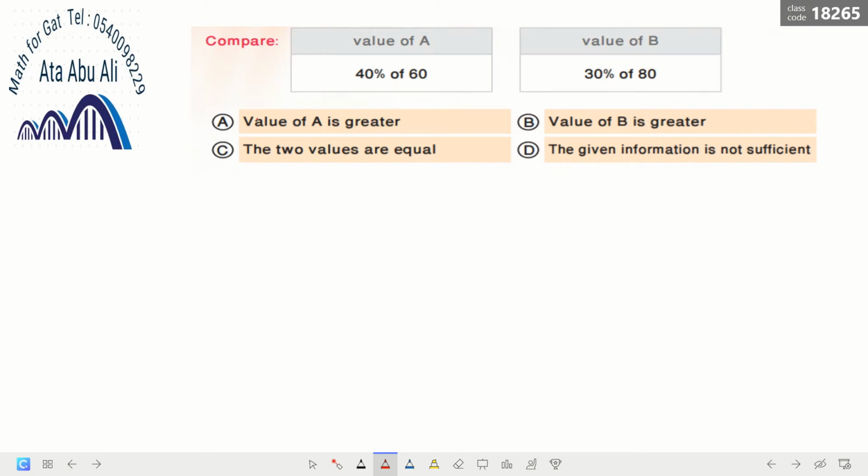Now I want to compare the value of A, which is 40% of 60, and B, 30% of 80. 40% of 60 means 40 over 100, because it's a percent over 100, times 60. I can simplify 2 zeros above with 2 zeros below, because I divide by 100. Then 4 times 6 is equal to 24.